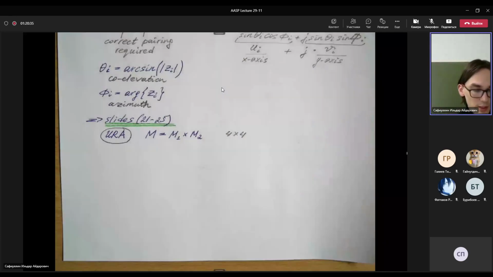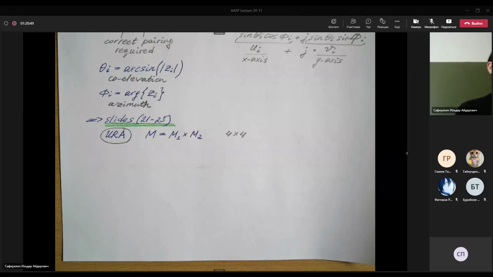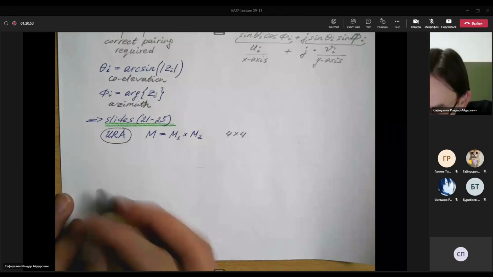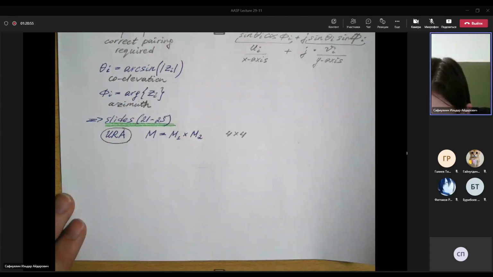And now we need to see what we have for the number of elements in subarrays. We start with the subarray for the x-axis.